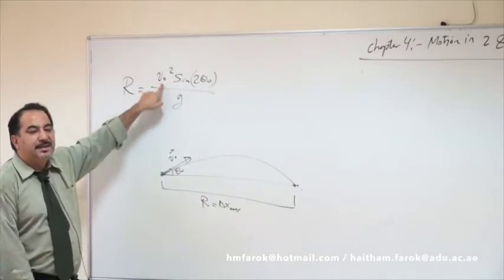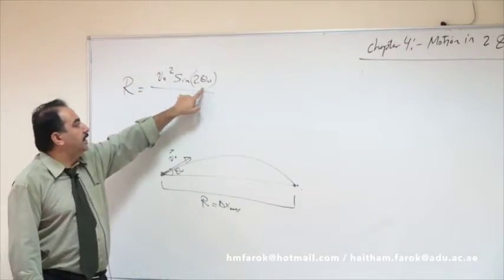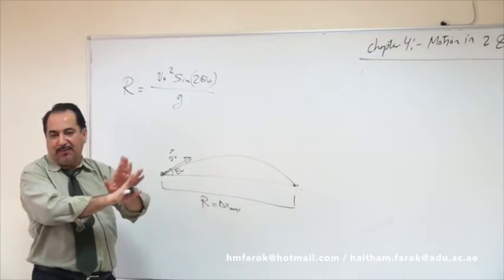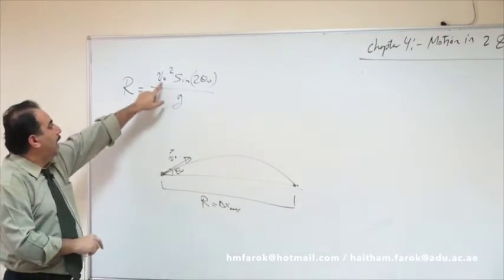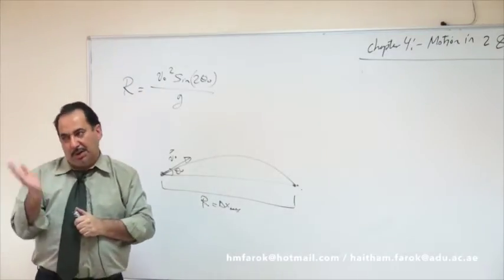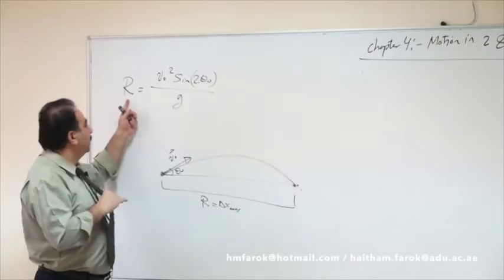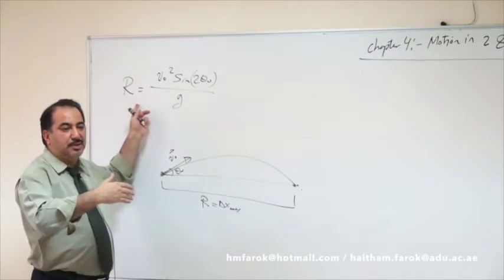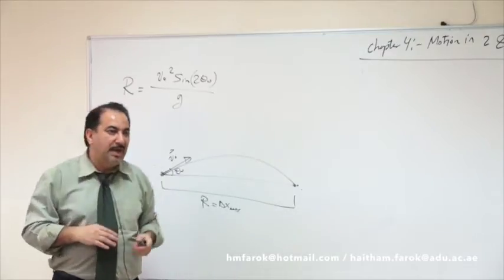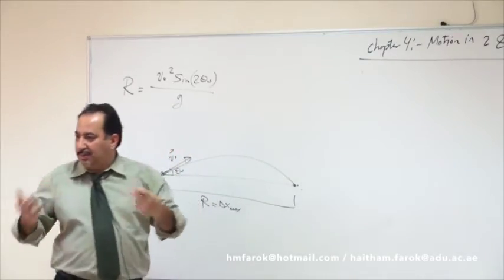If you increase it but you fix the angle, don't change the angle of firing, keep it at 30 or 40, whatever, and you increase V naught, what happens to the range? It increases. So if you want to maximize the range, change the velocity. Yes, maximize it as much as you can.